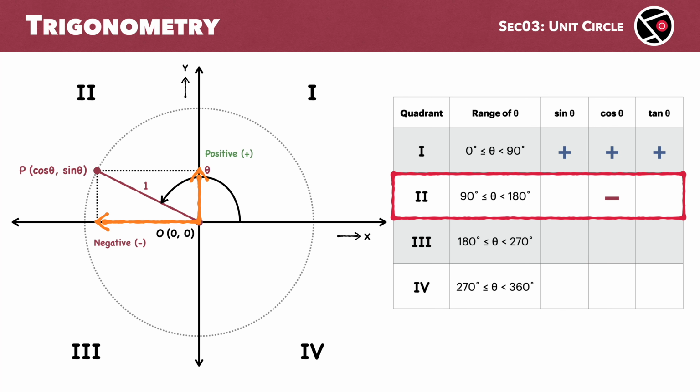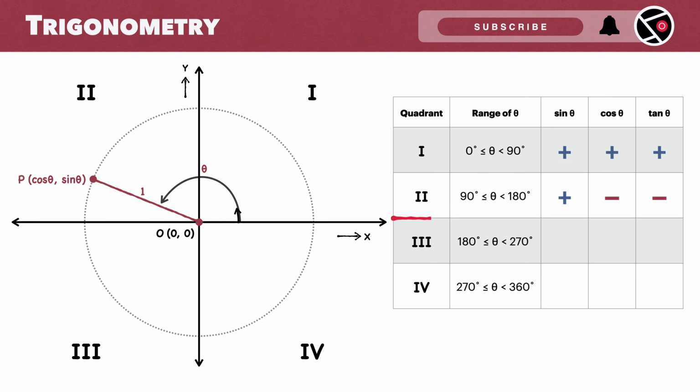And as the y-coordinate represents sin theta, this means sin theta will be positive. Now, tan theta is a ratio of sin theta to cos theta. A positive value divided by a negative value results in a negative number. So, tan theta will be negative in the second quadrant.